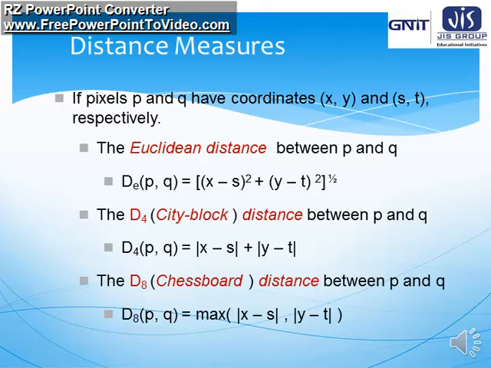If we find the Euclidean distance between P and Q, we calculate the square of the difference of x minus s and y minus t, and after adding them we take the square root. By that we get the Euclidean distance. So these are the three formulas to find the three types of pixel distance measures: D4 or city block distance, D8 or chessboard distance, and Euclidean distance.